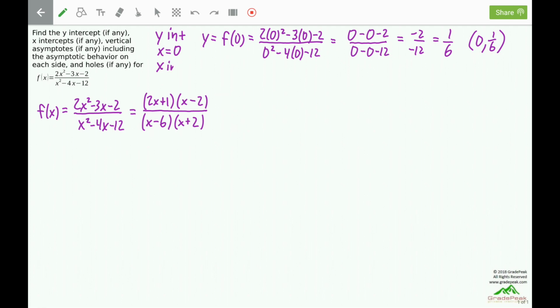The x-intercepts, where the function crosses the x-axis, defined by y equals 0, can be found by taking the numerator that's left over in the fully factored canceled version of the function and setting it equal to 0. That will give 2x plus 1 equals 0, and x minus 2 equals 0. 2x plus 1 can be solved by subtracting 1 from both sides.